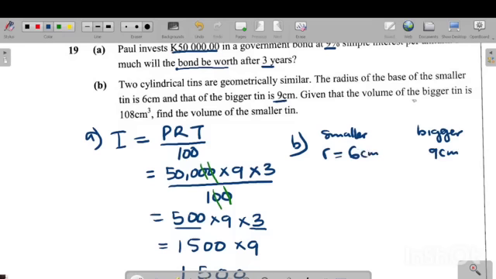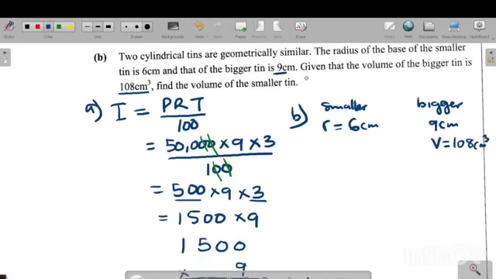Given that the volume of the bigger tin is 108 cubic centimeters, we've also been given the volume of the bigger one. They are saying, given that the volume of the bigger tin is 108, find the volume of the smaller tin.